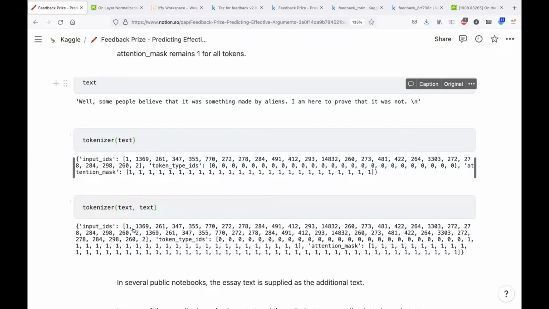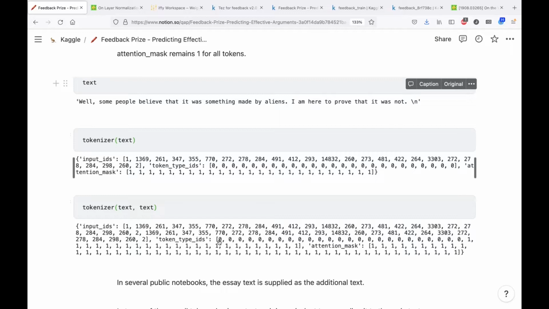So here is 1369, then 260 separates a token, and then it starts again. In terms of input IDs, it just repeats. It tokenizes the extra text and appends the input IDs to the token IDs of the main text. And I guess the difference is with the token type IDs.